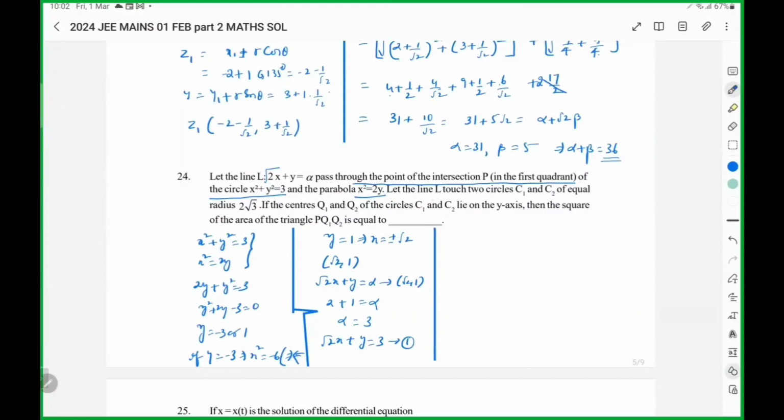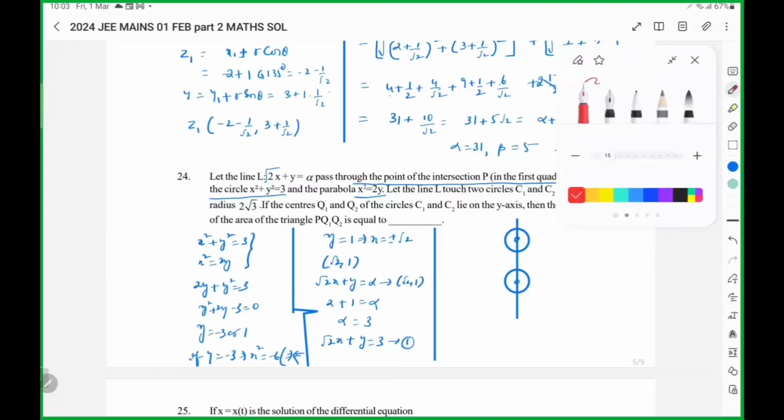Now, after finding the line, it touches two circles C1 and C2 of equal radius, whose centers lie on the y-axis.